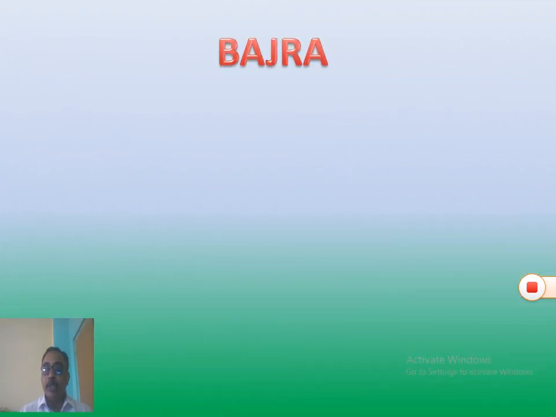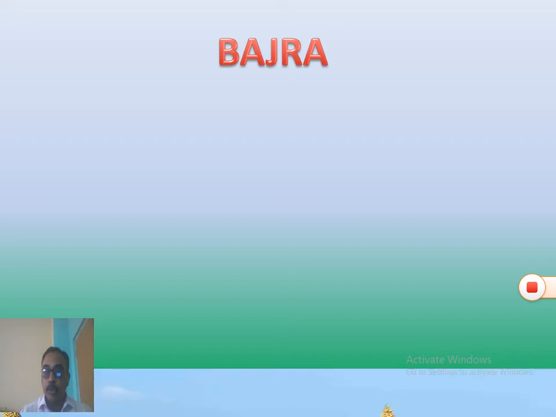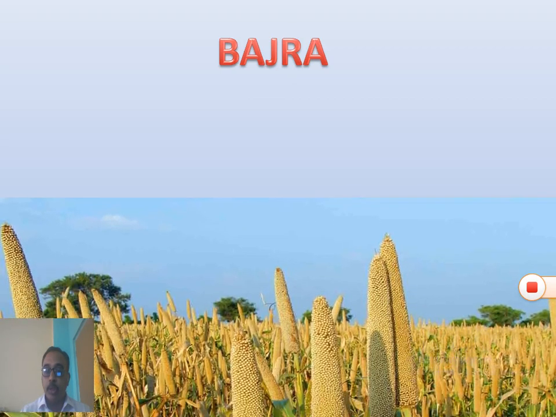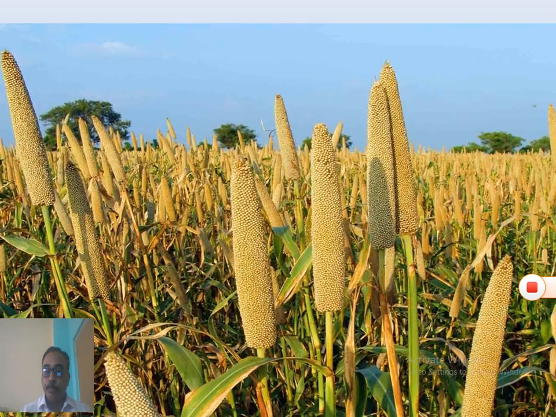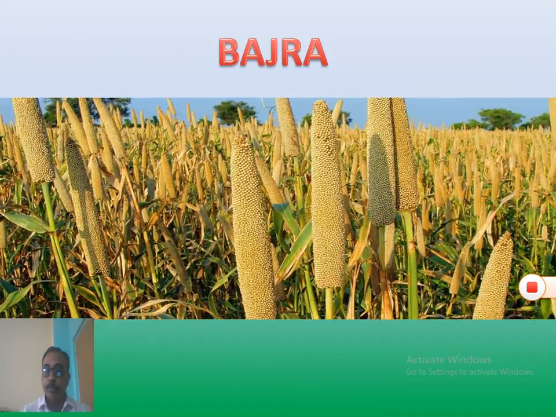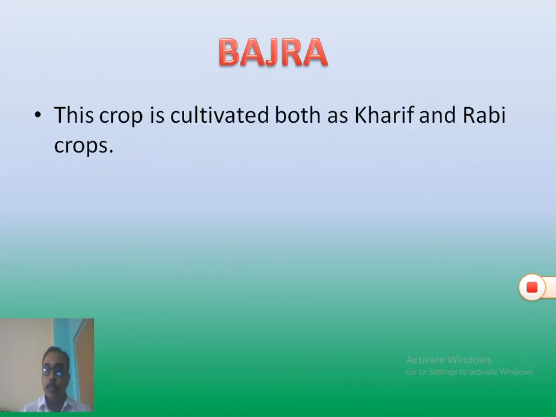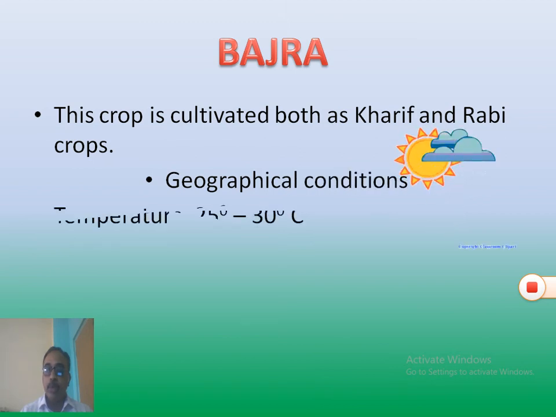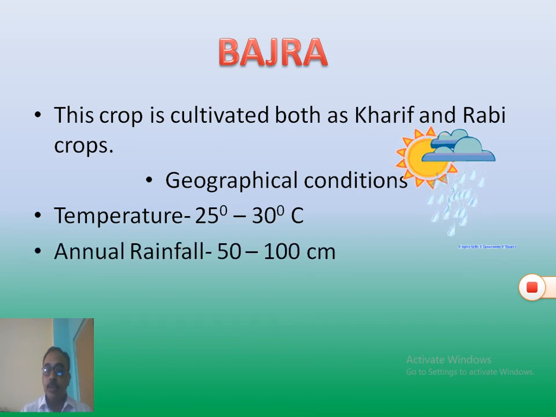Next millet, that is your bajra. Now this is how bajra looks like. Again, this crop is cultivated both as kharif and rabi crops. What are the geographical requirements or conditions? Temperature 25 to 30 degrees Celsius.